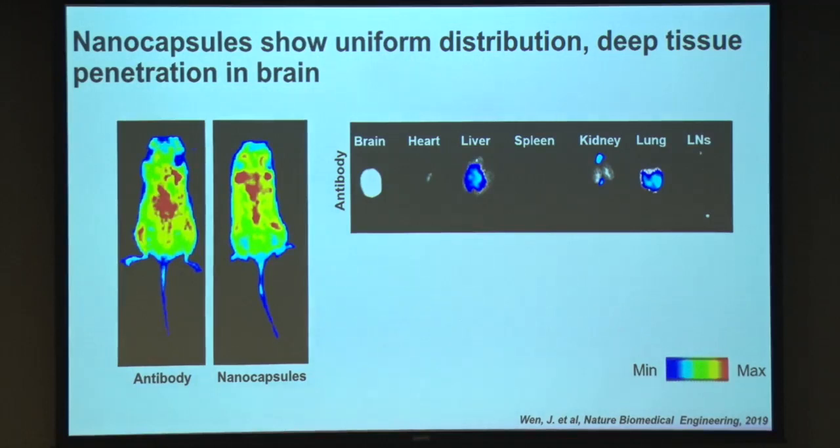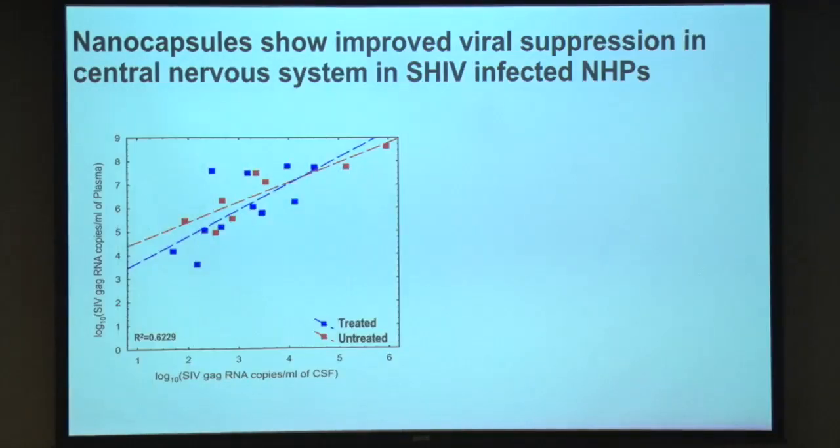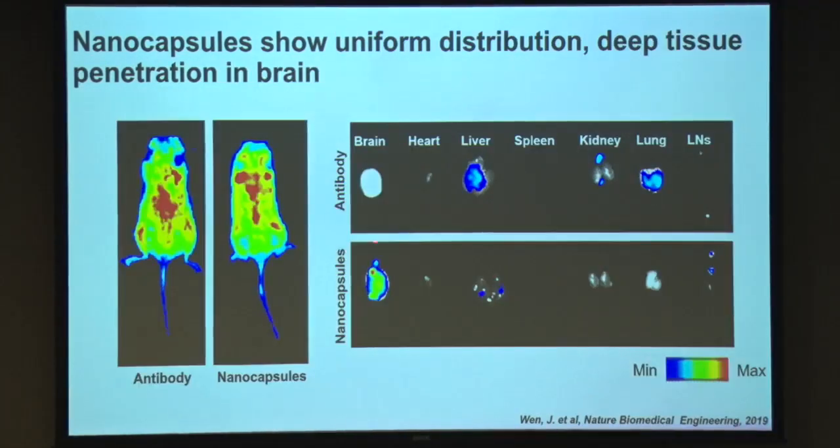That's why the native antibody can show very good therapeutic efficiency in the body, but not in the brain. With our nanocapsule, we can show a big improvement of delivery into the brain.